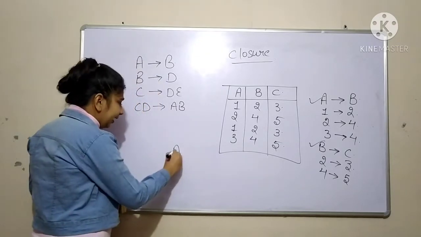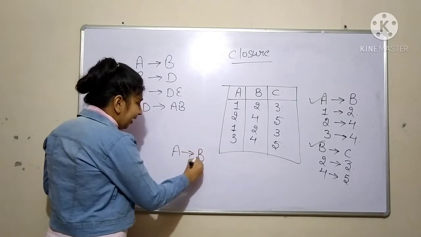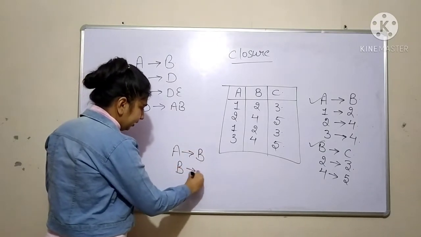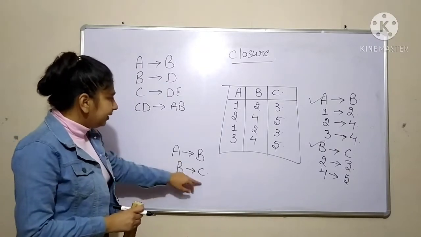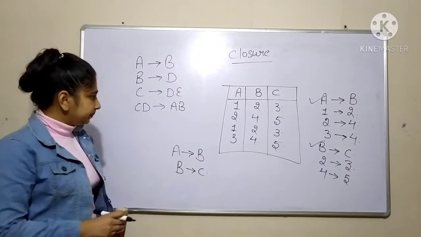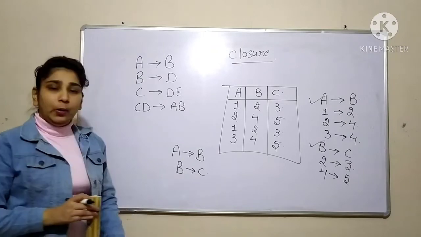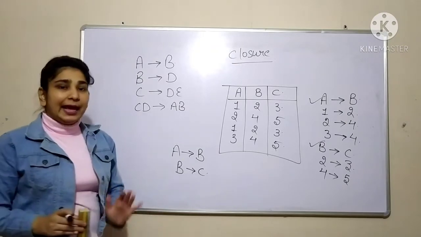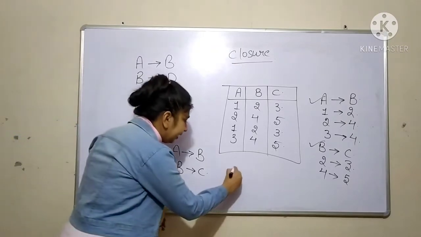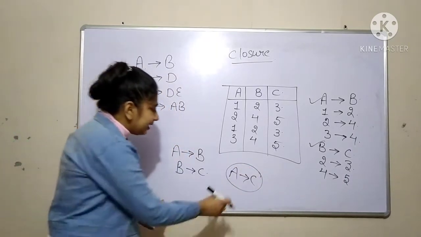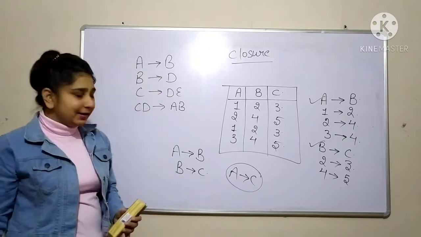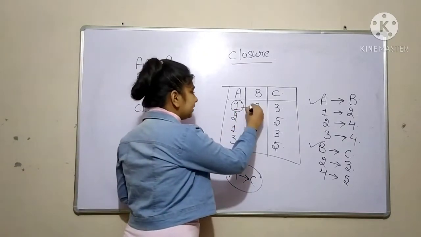If we have A to B and B to C, can we say that the A to C dependency is right?